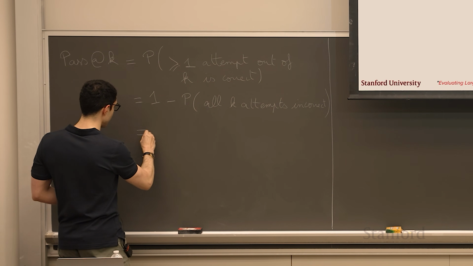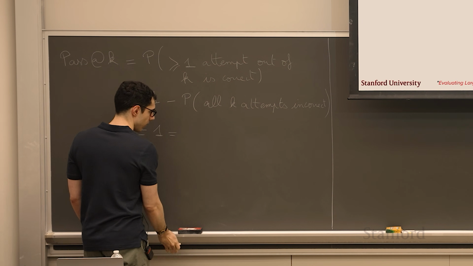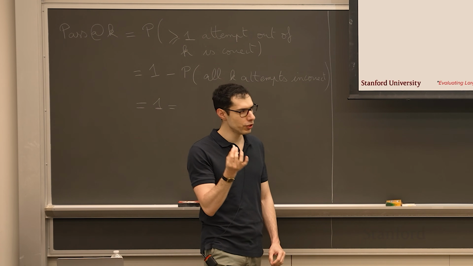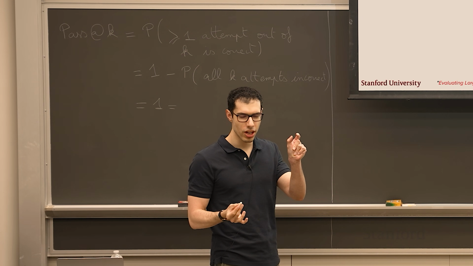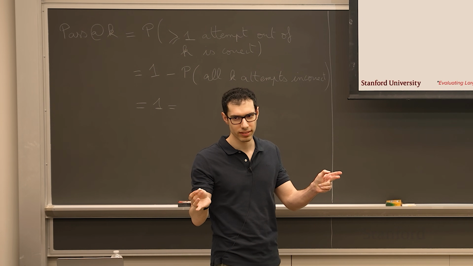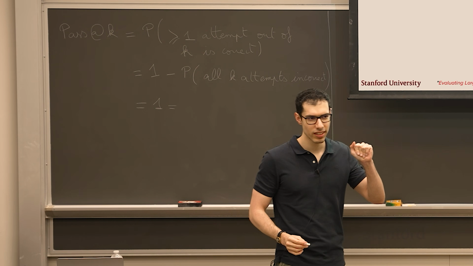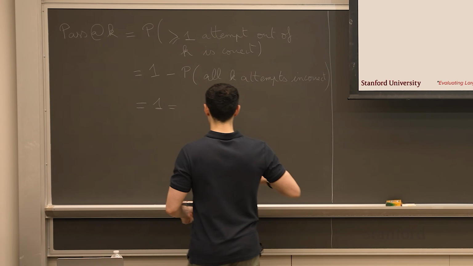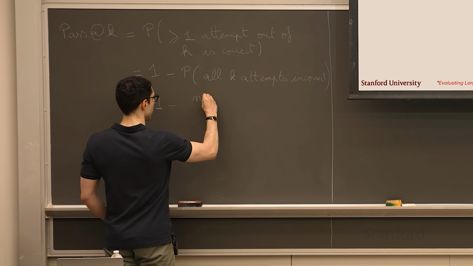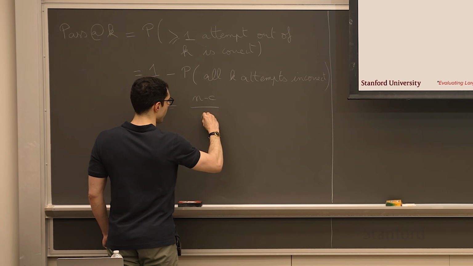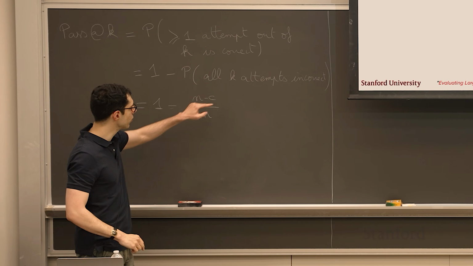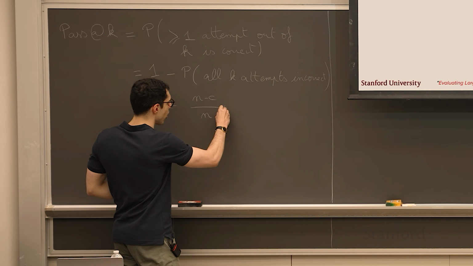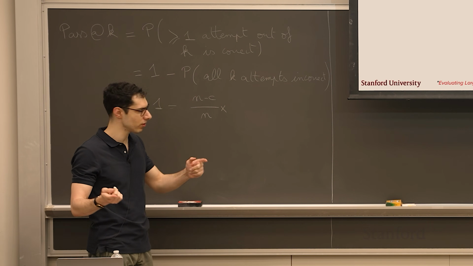OK. So now we're going to try to quantify this probability. What is the probability of you finding an unsuccessful attempt among these n? You have n minus c unsuccessful. You have n observations. It's going to be n minus c over n, right? So it's your first unsuccessful attempt. Now, what is the probability that you have another unsuccessful attempt, knowing this one?